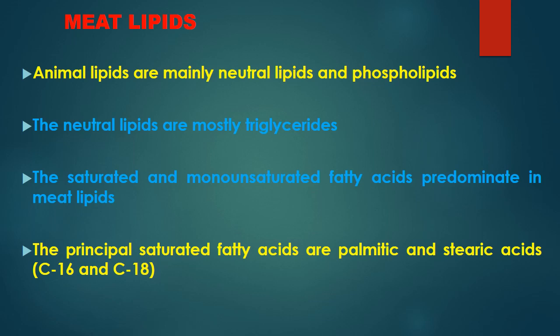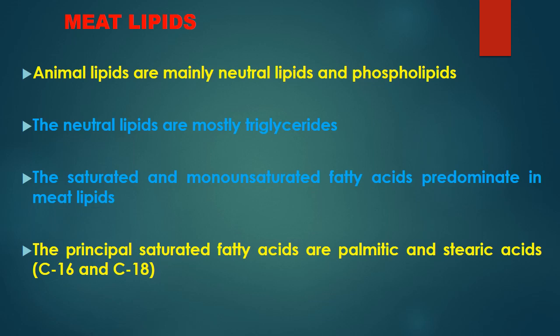Earlier we discussed neutral lipids, that is the triglycerides, where the glycerol molecule is esterified with fatty acids, and the other is phospholipids where phosphoric acid is the component. The neutral lipids are mostly triglycerides. Sometimes they can be diglycerides or monoglycerides also.